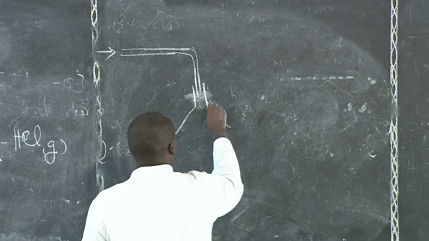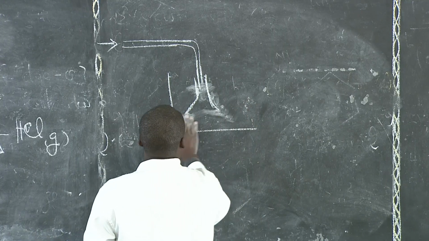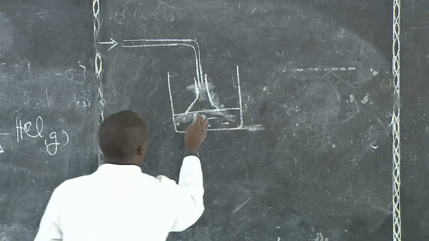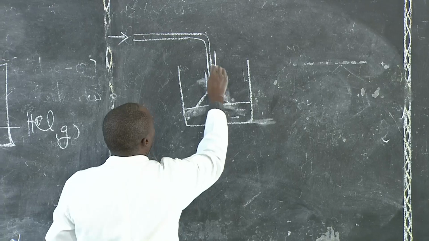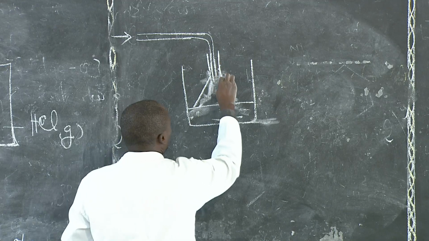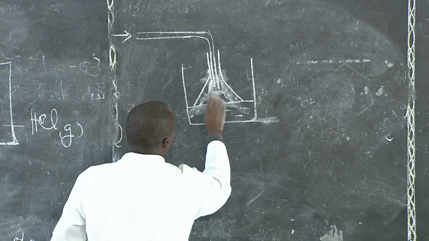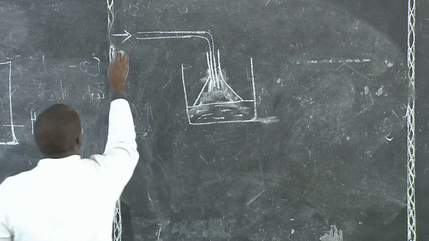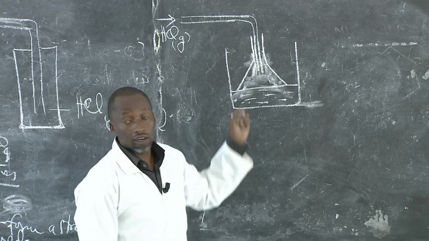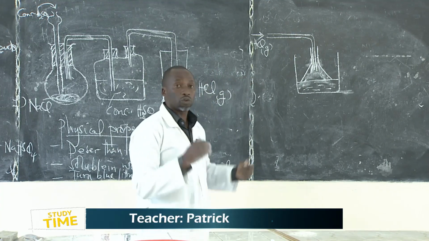This is the water, and this is a filter funnel touching the surface of the water. So you have hydrogen chloride gas coming. This funnel prevents what we call sucking back. That's why we use the funnel.